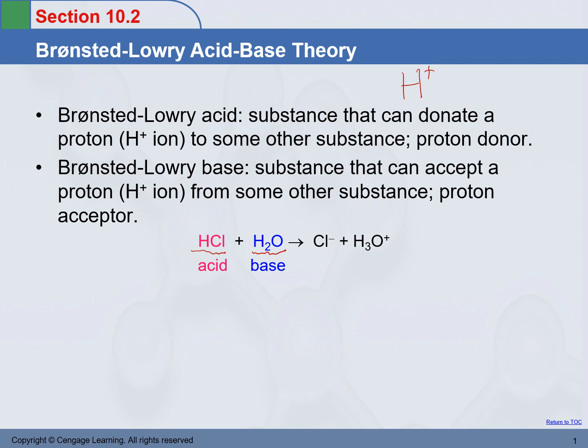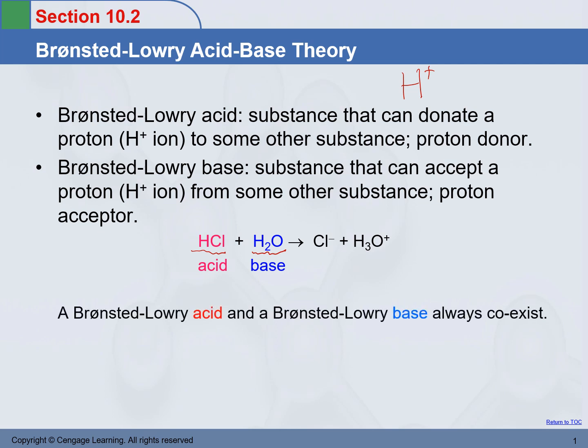In the process, if there is a donor, if something is donating a proton, there must be something else that is accepting a proton. Does that make sense to you? As a result, a Brønsted-Lowry acid and a Brønsted-Lowry base always coexist. If there is a Brønsted-Lowry acid, there must be a Brønsted-Lowry base in the system.